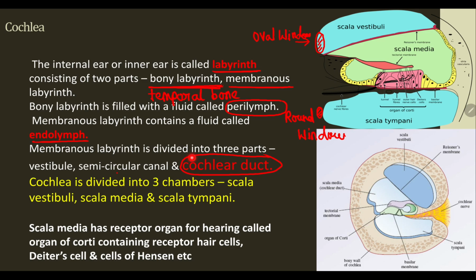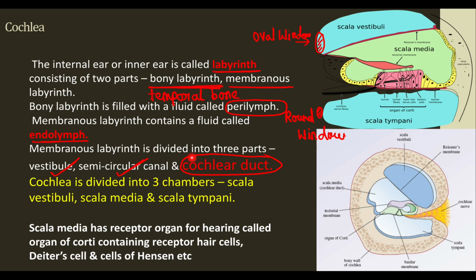Second is the semicircular canal, and third is the vestibule. The vestibule and semicircular canal together are called the vestibular apparatus. So we have the cochlea and the vestibular apparatus. The cochlea has receptors for hearing, and the vestibular apparatus has receptors for balancing the body.